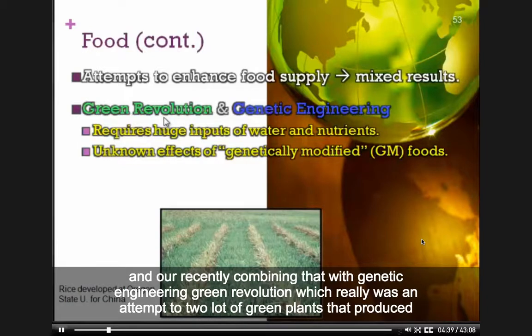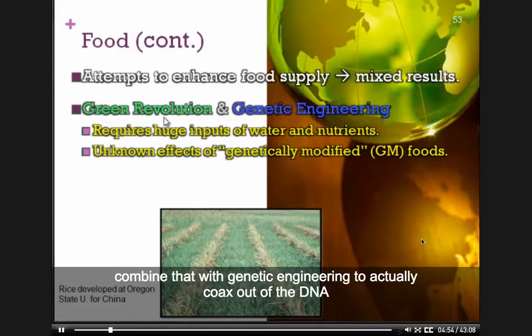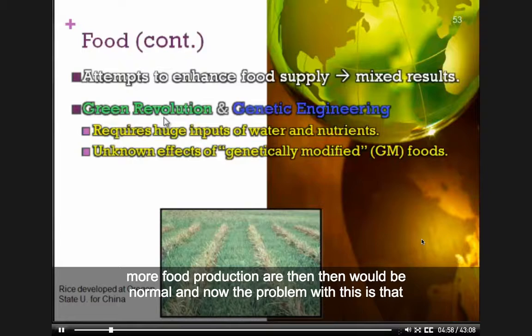And now recently, it has been combined with genetic engineering. The Green Revolution really was an attempt to breed plants that produced an excessive amount of food, more than their natural cohort would, and then also combine that with genetic engineering to actually coax out of the DNA more food production than would be normal.